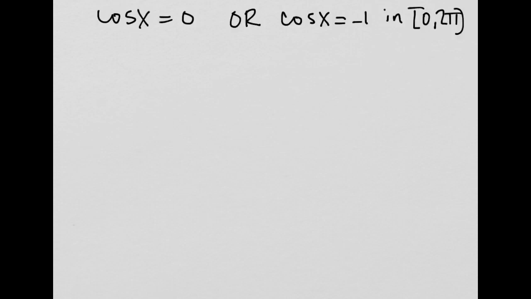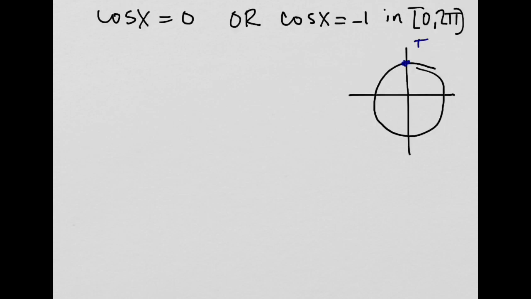Cosine x equals 0 precisely at pi over 2 and 3 pi over 2. These are the only angles where the cosine is 0.